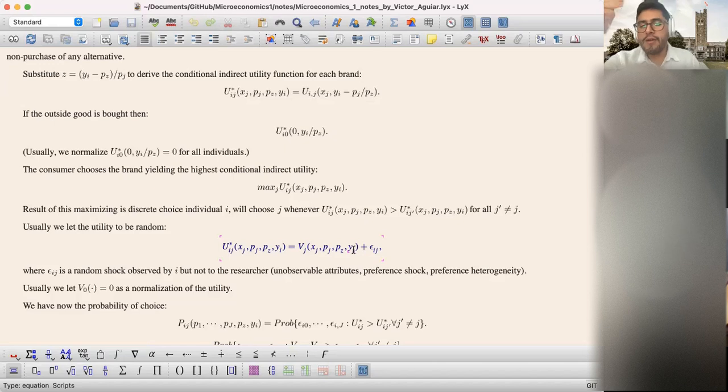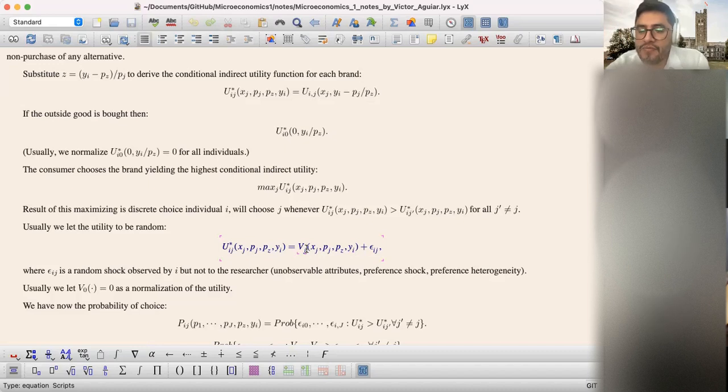So in particular, what this is saying is that the individual utility for alternative j, for individual i, is the summation of an average term that does not change with individual, is deterministic, only changes with alternative, and the stochastic term.